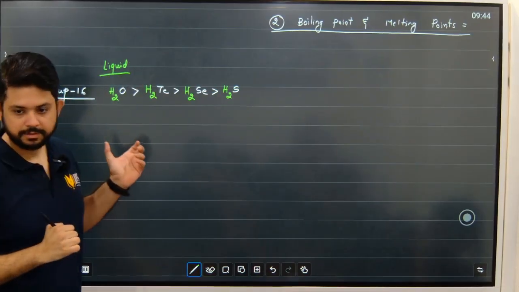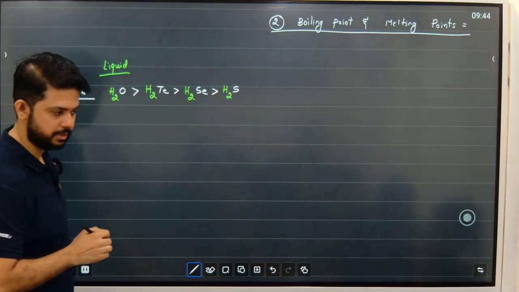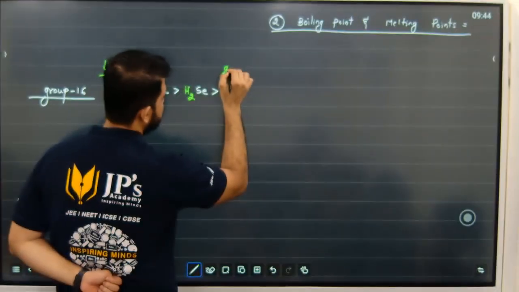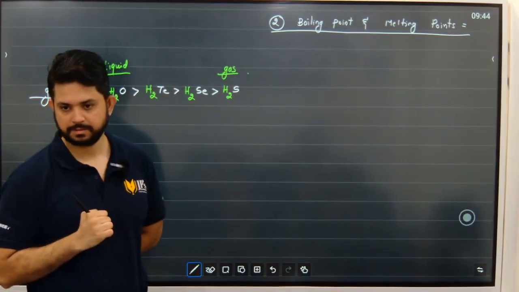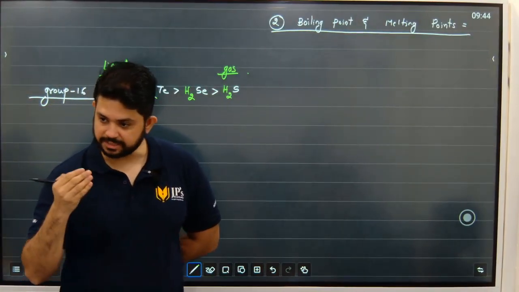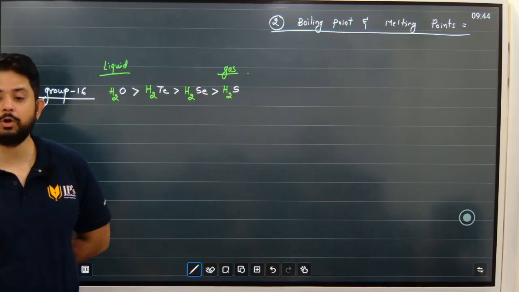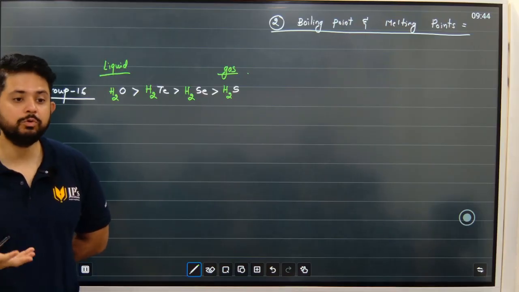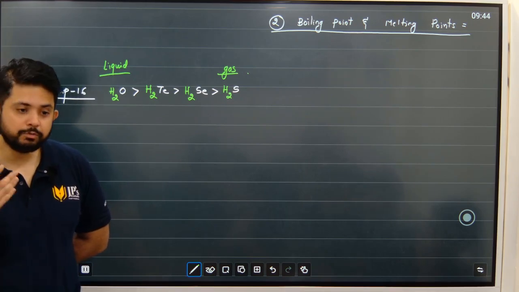A liquid. But what is H2S at normal room temperature? It's a gas. As a result of which even life sustains. Had there been no hydrogen bonding in H2O, there would have been no water in liquid state at room temperature, and life would not have been possible.